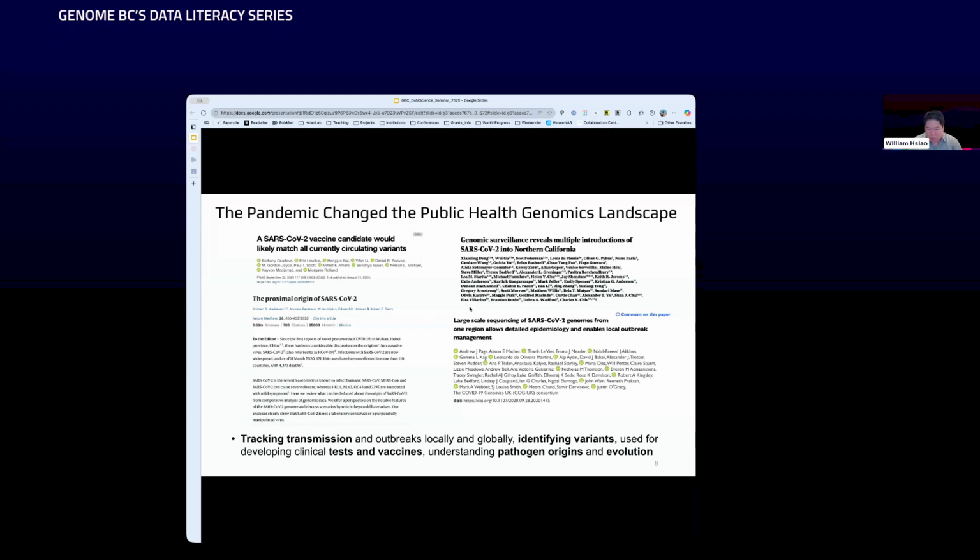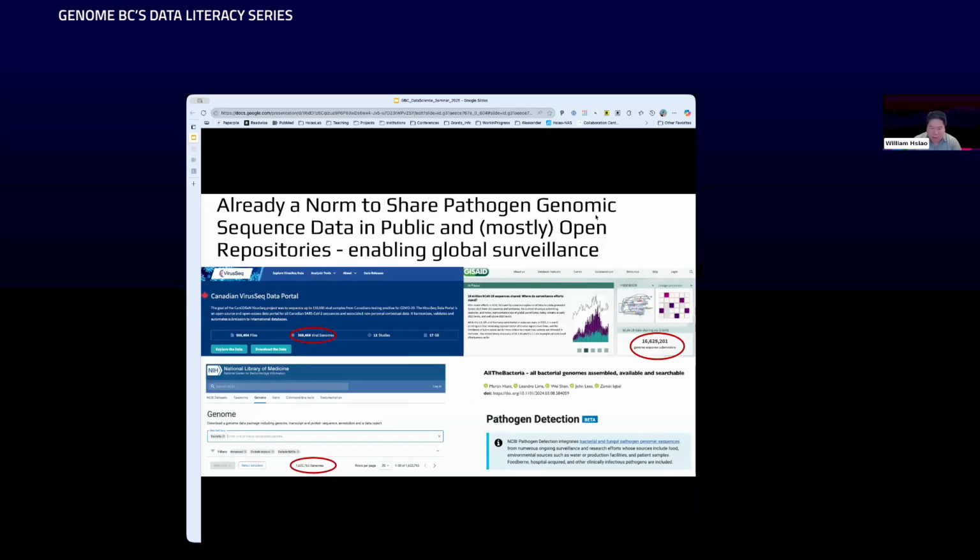And also through modeling and phylogenetic analysis, understand how these pathogens evolve and trace back to the potential origins of these pathogens.